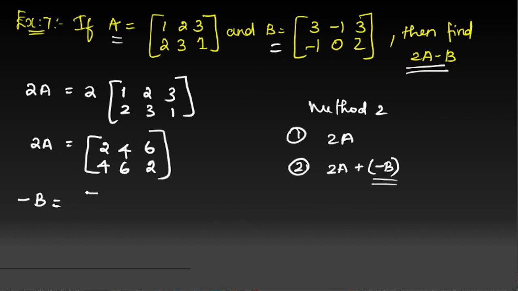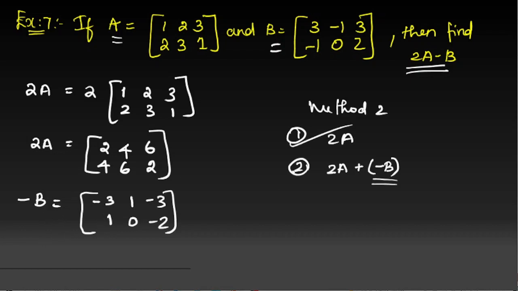Negative of B is going to be minus 3, 1, minus 3, 1, 0, minus 2. Wherever you have positive values, you change them into negative values, and wherever you have negative values, you change them into positive values. That is the negative of a matrix.